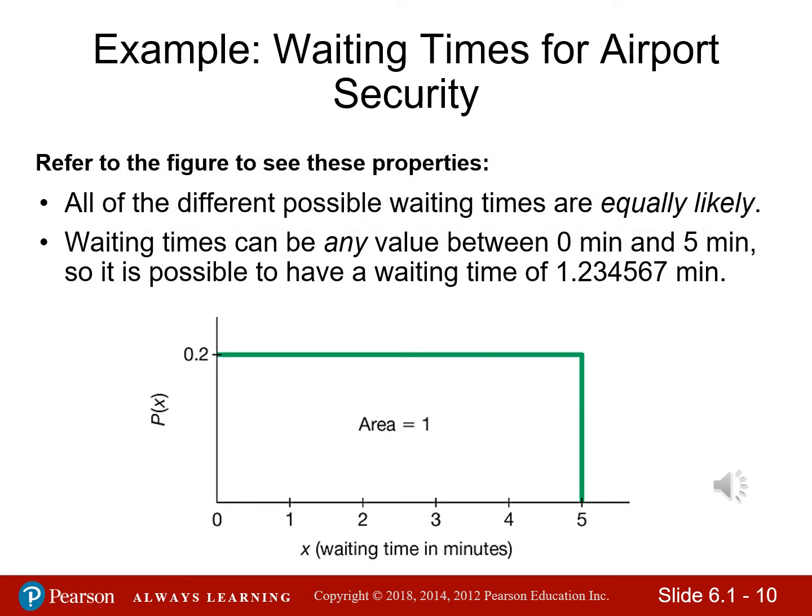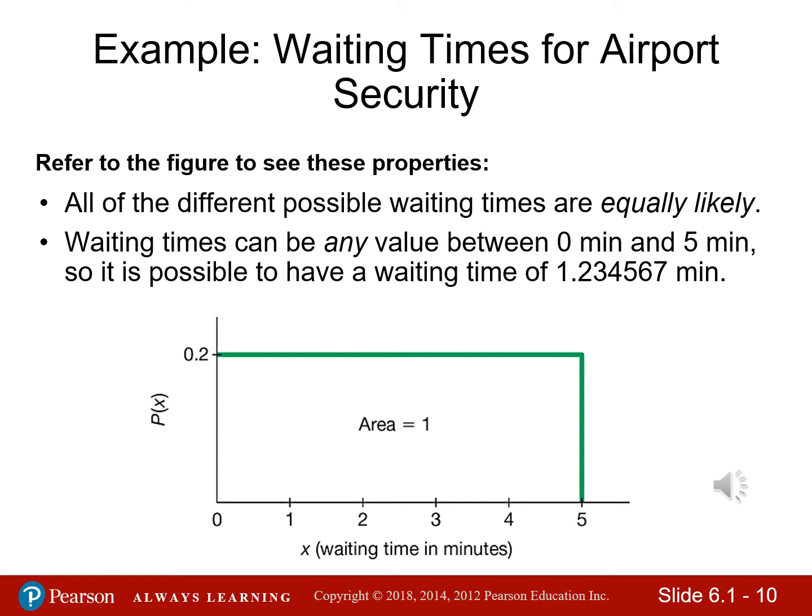Recall the properties of a uniform distribution. First, the area under the graph of a continuous probability distribution is equal to 1. There is a correspondence between area and probability, so that probabilities can be found by identifying the corresponding areas in the graph using the formula of a rectangle where area equals base times height.